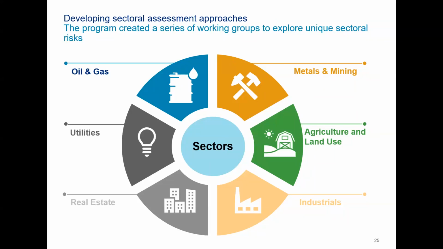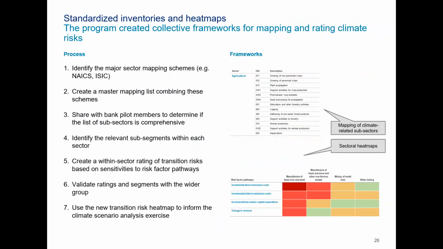And so what we did with that was, at the beginning of the program, once we had broken into these groups, we looked at a variety of different mappings for climate risk that had been put out by groups such as SASB and others. And we also looked at the breakdown that was used in the first phase of work.